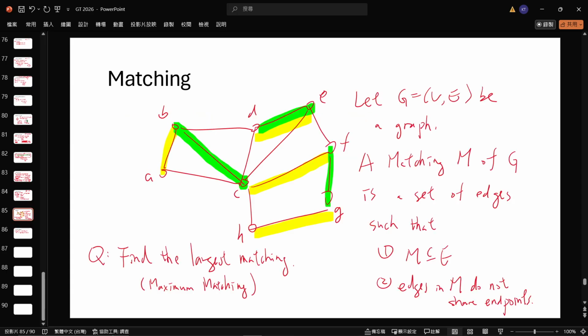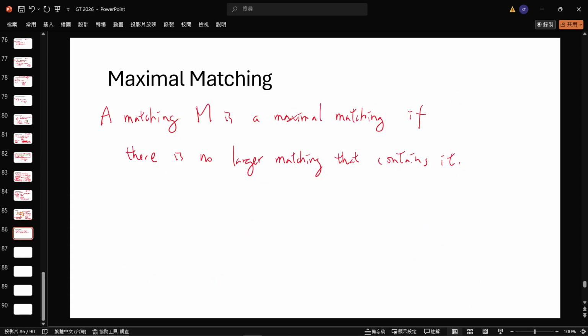So for example, this green matching is a maximal matching because, perhaps I can give you another definition.